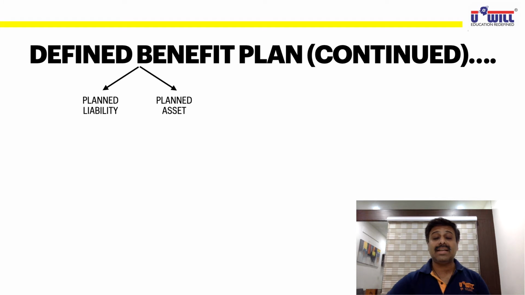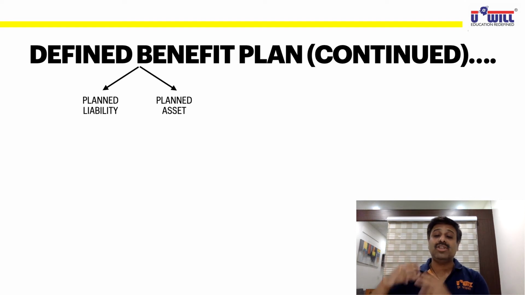It is something like the concept of sinking fund for debentures we studied last year. What happens in a sinking fund for debentures? Whatever money we have to pay to the debenture holders after 5 years, 7 years, from the P&L account we keep aside a certain amount every year so that we accumulate that amount to repay the debenture holders after 5 or 7 years. Same way here also, whatever is your plan liability to be paid after 20, 25, 30 years, we debit some amount and keep aside from the P&L account every year and invest that amount.